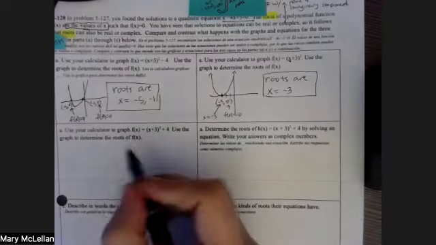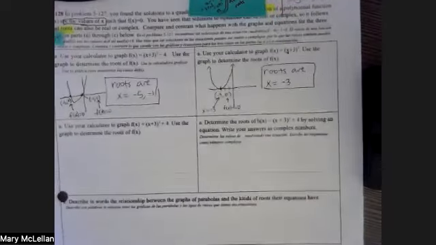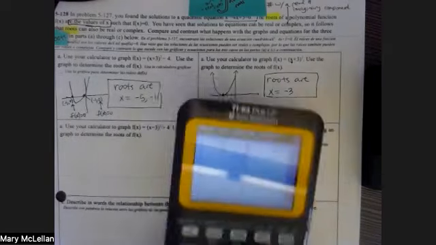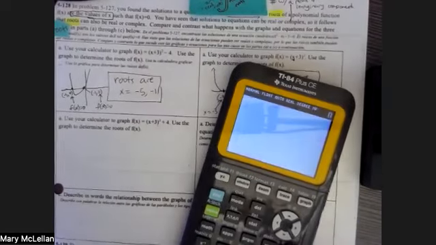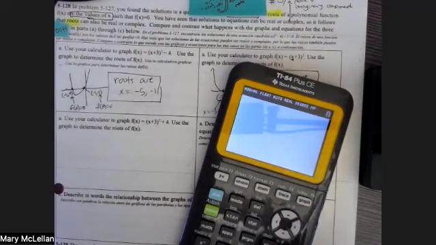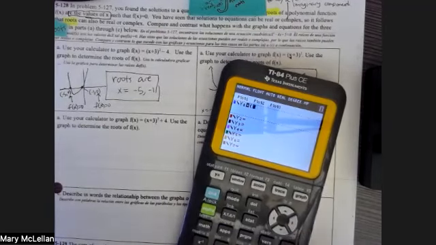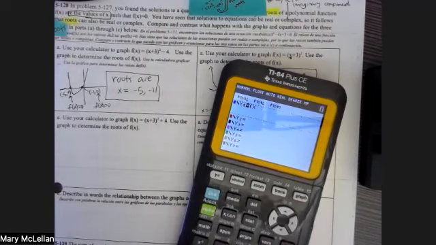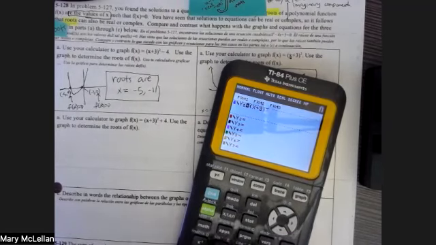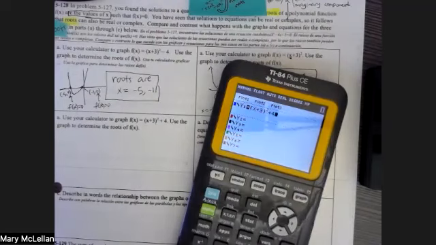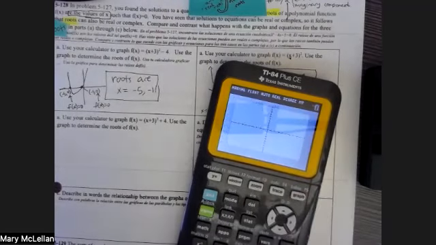Next, we're going to use our calculator to graph this one. We're going to use the graph to determine the roots. Okay, y equals x plus 3 squared plus 4 graph.